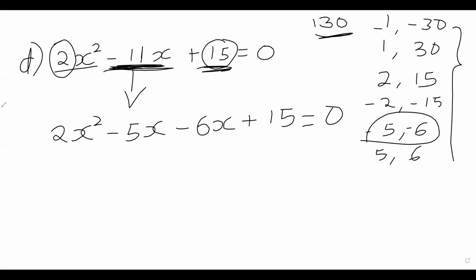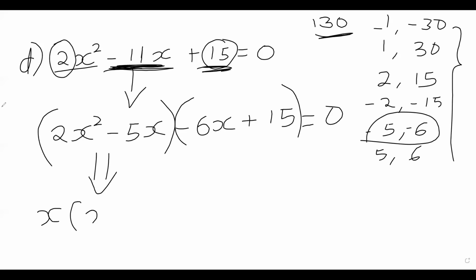And then just the normal way we deal with a quadratic equation, when we reach this stage, we group these expressions like this. So the first expression, the common factor is x, and then inside the bracket we'll have 2x minus 5.